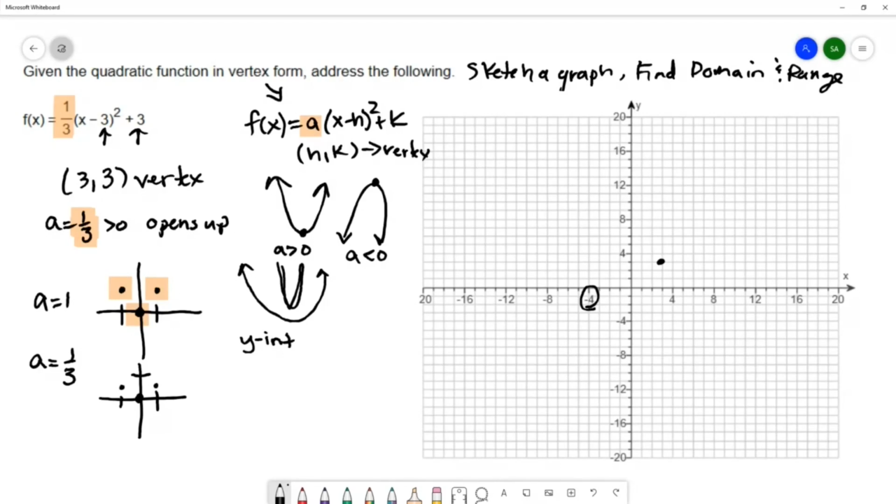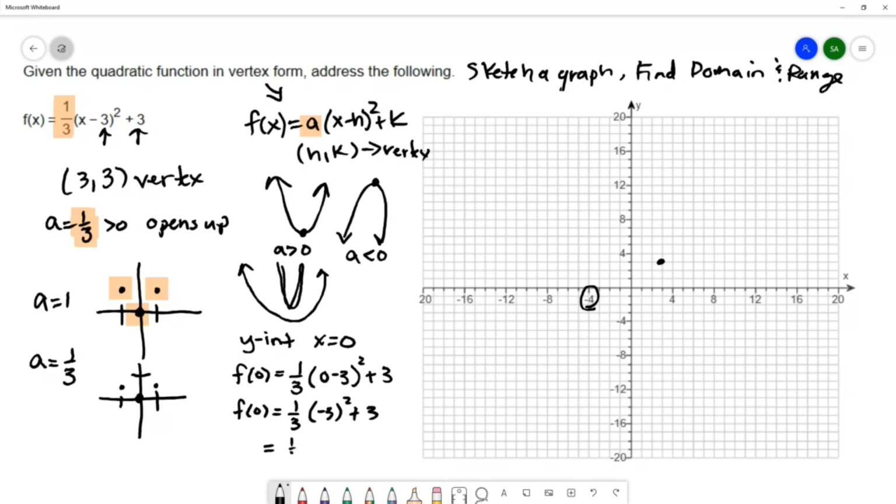So if you find the y-intercept, you're going to let x equal 0, and for your function that's f of 0. And you have 1/3 times (0 minus 3) squared plus 3. So we'll follow order of operations inside of the parentheses. 0 minus 3 is negative 3.